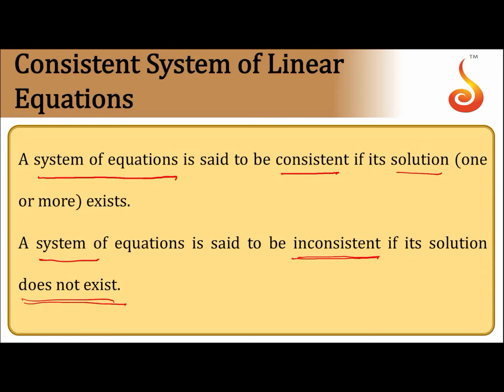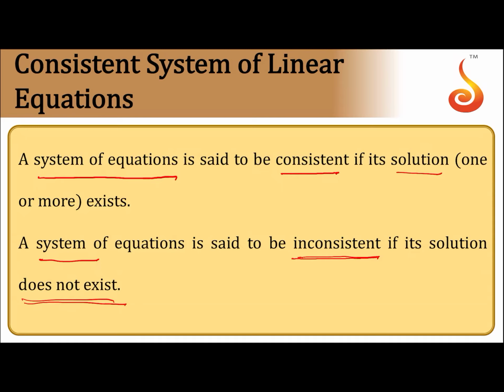Okay. Now, in the first case, we check whether the system is consistent or not, meaning we check whether the system has a solution or not. So what is the test for consistency?